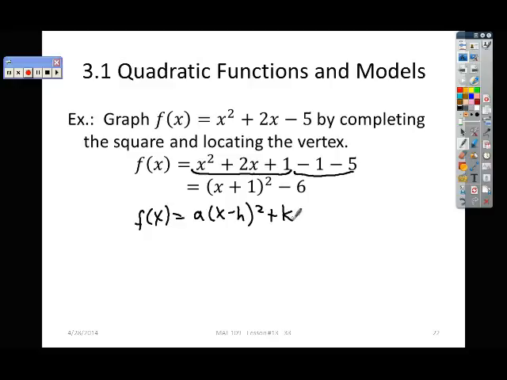Compare this to this, it looks the same except for some signs in the numbers. So I can take this number and use the opposite sign, -1. I can take that number and use the sign that's there. That's the location of my vertex.